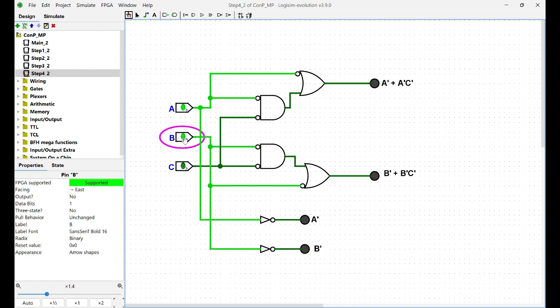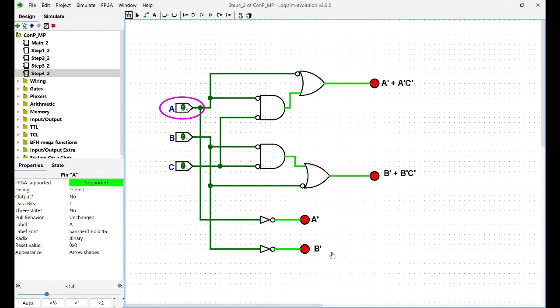And then the same thing happens with B. And then it doesn't matter if C's on or off because it has no significant impact through this entire equation. And you saw that from the very beginning. So A' absorbs this C', and then it becomes A' down here, and then this B' absorbs this C', and it becomes B' down here.